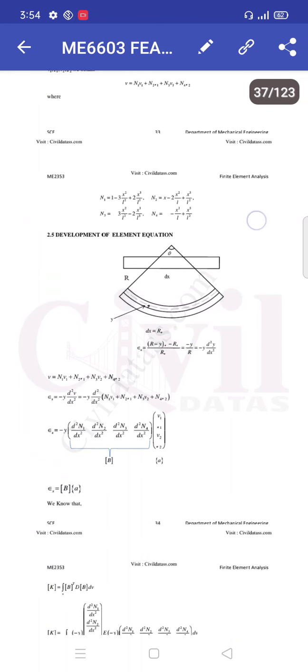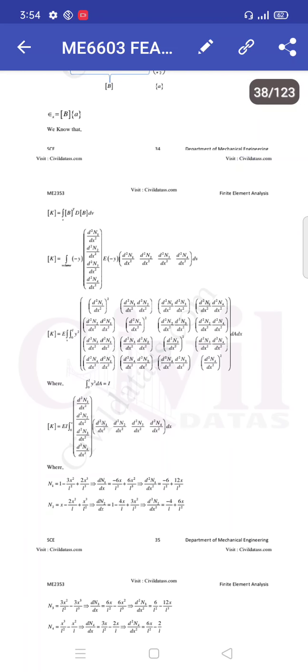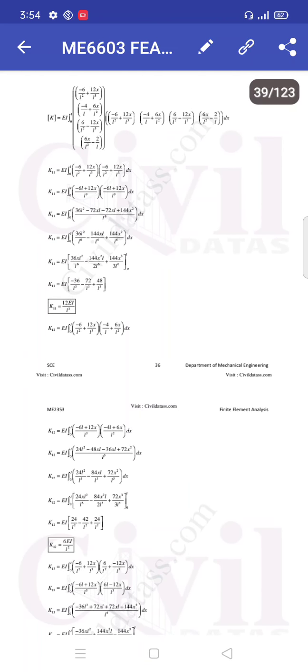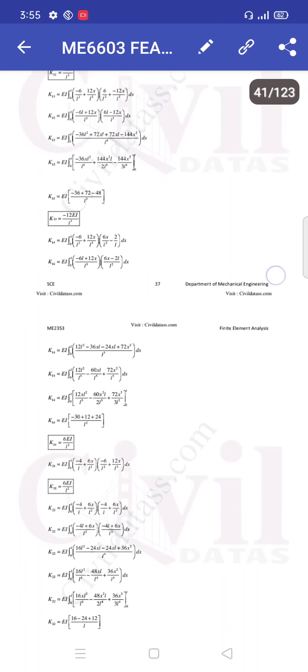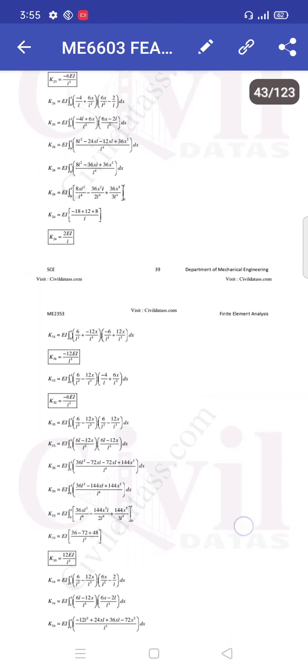So, development of element equations. This is the equation given here.